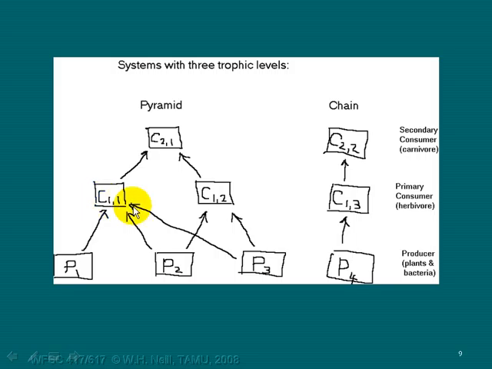And it looks like C11 here is a little more of a generalist than C12, because C12 is only eating P2 and P3. It's not eating P1 for whatever reason. These are the ways that you assess these trophic connections. And then up here we've got a carnivore, which is eating both of the primary consumers.